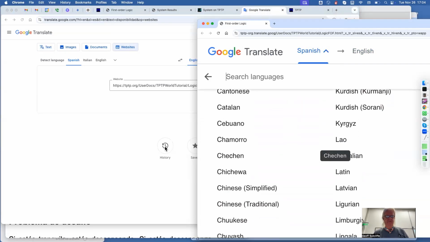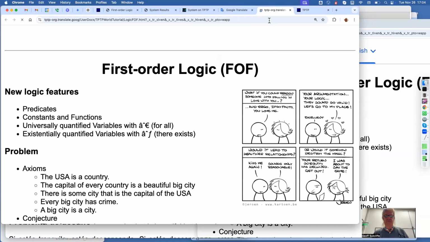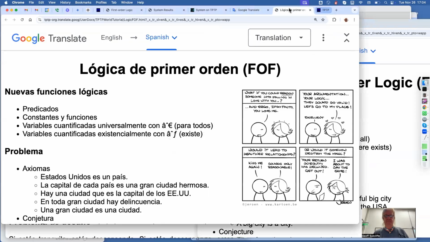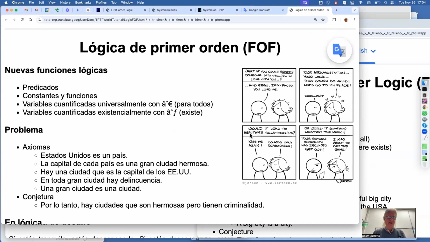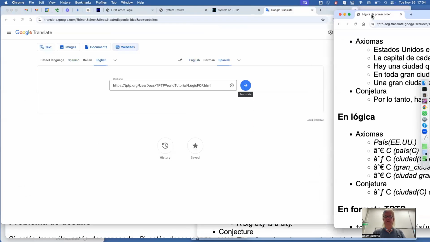Sorry, give me a moment. I've got to change it from English to Spanish. Aha. Okay, now we can see it in both languages simultaneously.